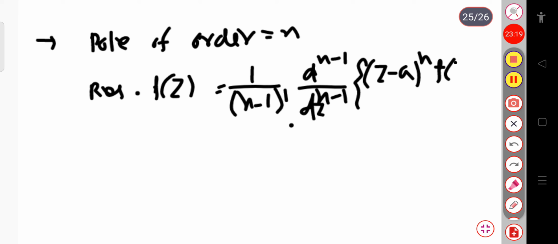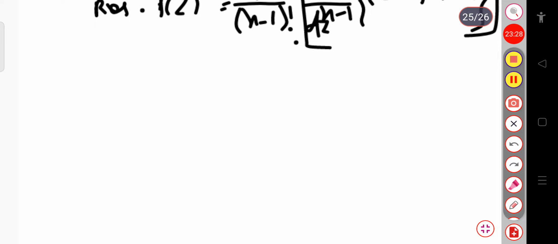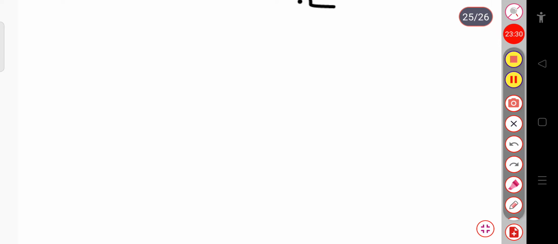So for the pole of order n, we can calculate in this way. And also we can calculate the residue for the point at infinity. Now we will see what Cauchy's residue theorem is.